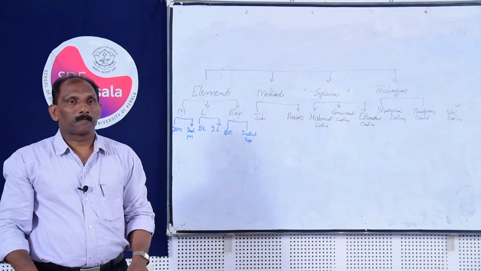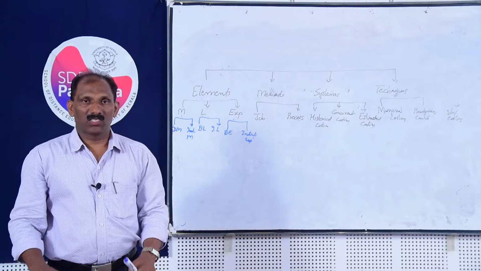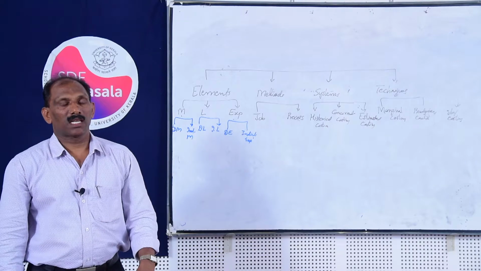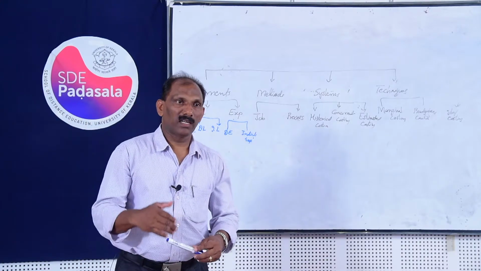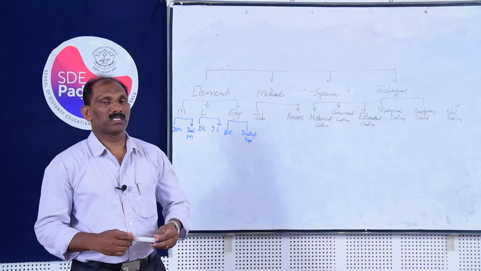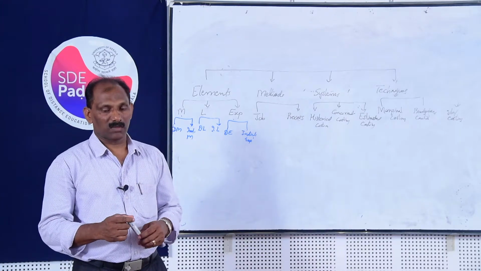Direct means the material that will become the part and parcel of the finished product. The material that indirectly helps support the production function is called indirect material.